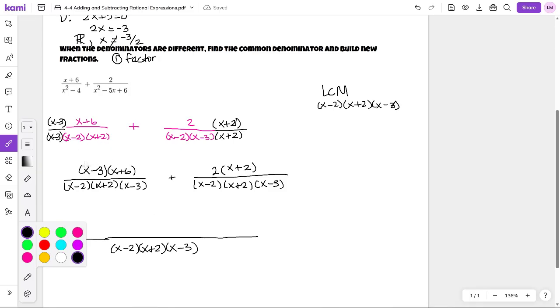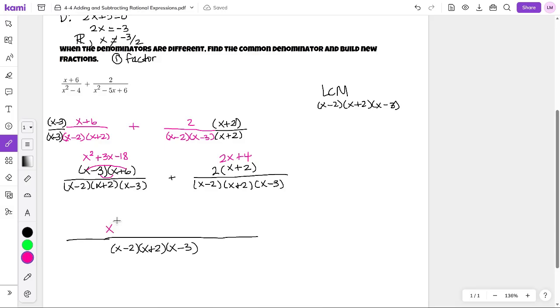So I'm going to multiply the top out, and I'm just going to put it up here. So that would be x squared plus 3x minus 18. And I got the 3x because it's 6x minus 3x. That gives me my middle number. And then multiplying this out would be 2x plus 4. If you need to multiply these out on the side, then do it.